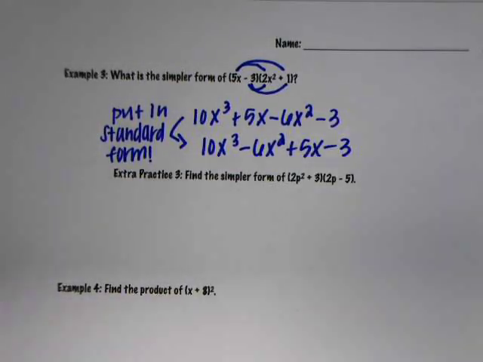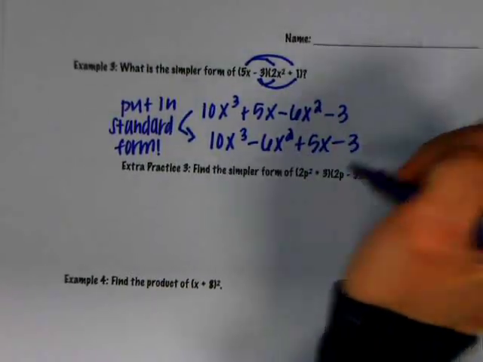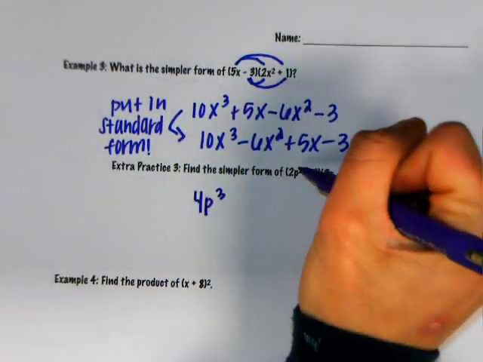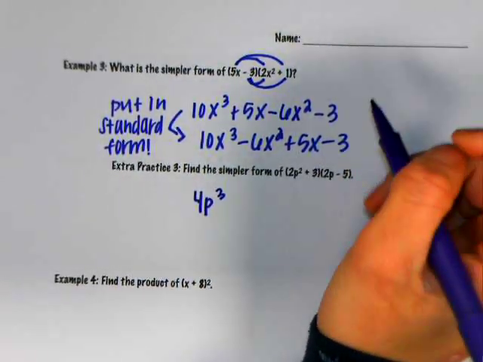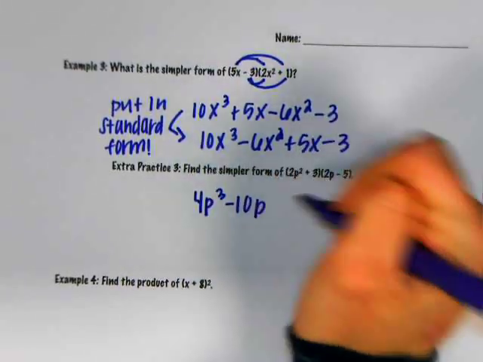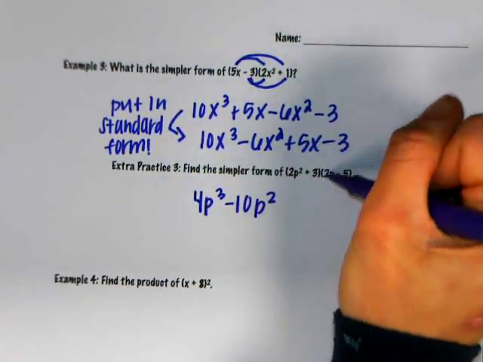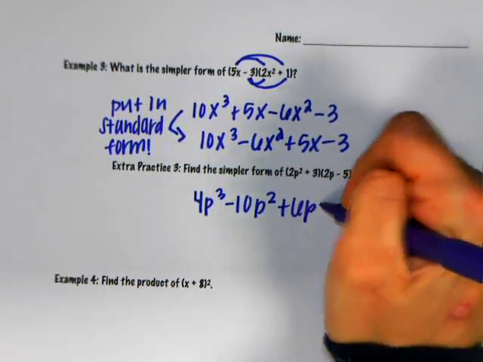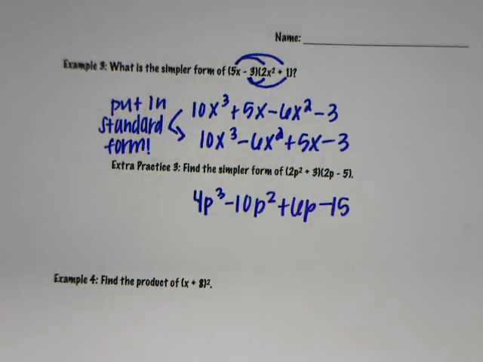Okay, so for this one, 2p squared times 2p. 4p to the third. Yeah, 4p to the third. 2p squared times negative 5. Yep. And then 3 times 2p. 3 times negative 5. Okay, do I have any like terms? No. Is it standard form? Okay, so you're done.